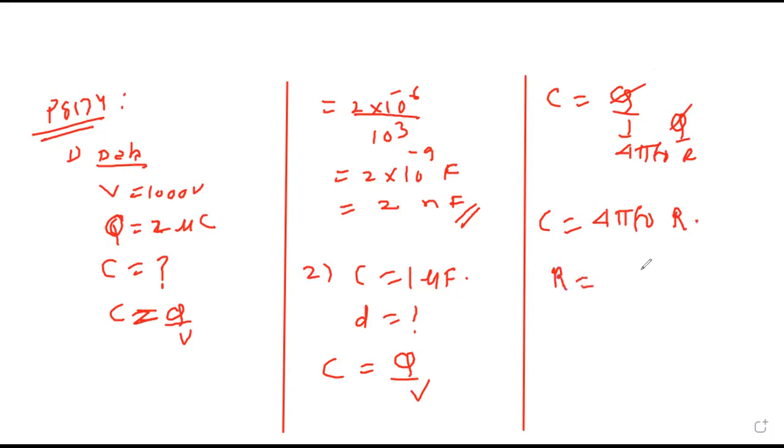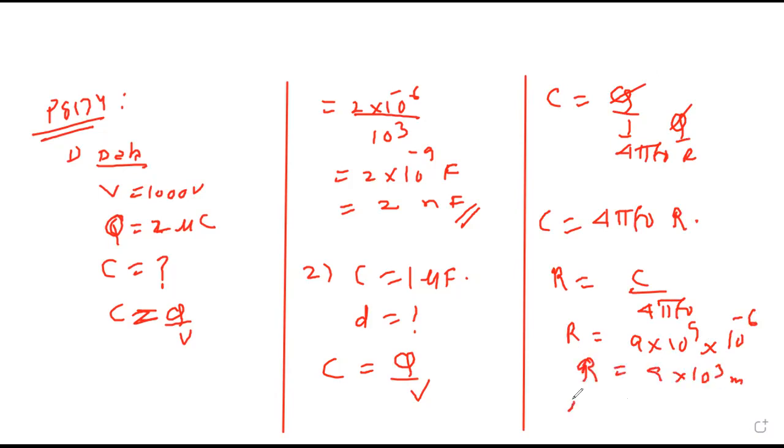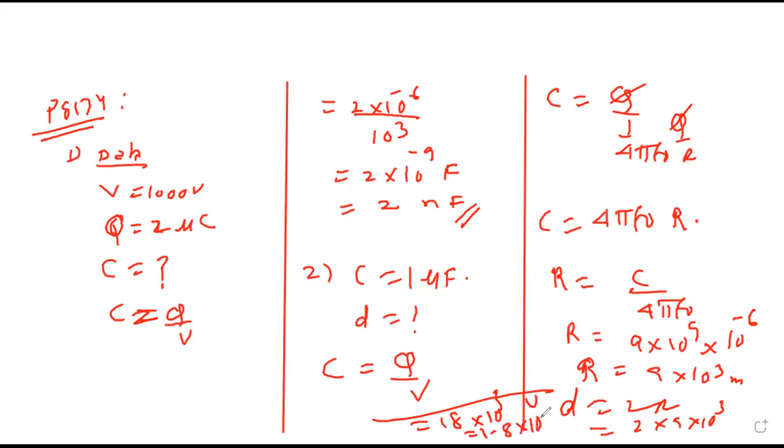So R equals C upon 4 pi epsilon naught. 1 upon 4 pi epsilon is 9 into 10 raised to 9, and C is 10 raised to minus 6. So R will be 9 into 10 raised to plus 3 meter. Diameter is double the radius, 2 into 9 into 10 raised to 3, that will be 18 into 10 raised to 3, or 1.8 into 10 raised to 4 meter.